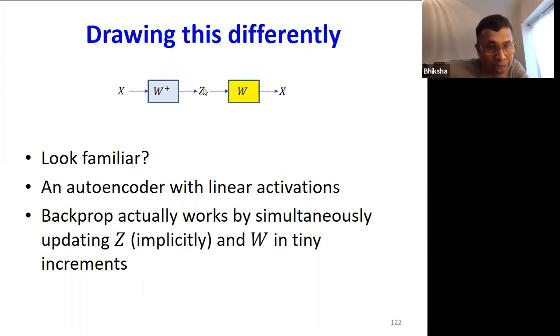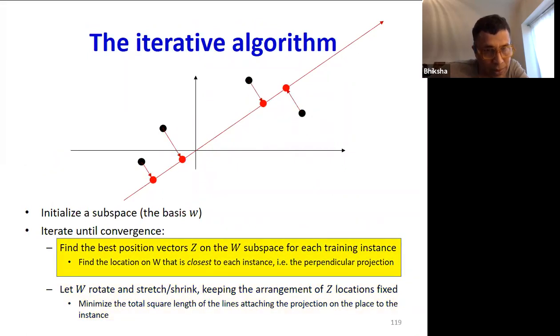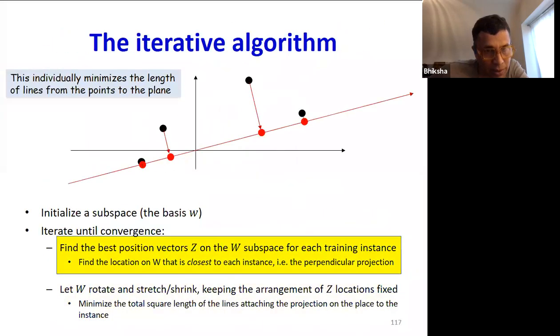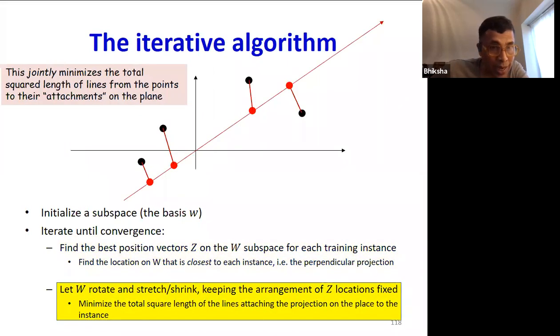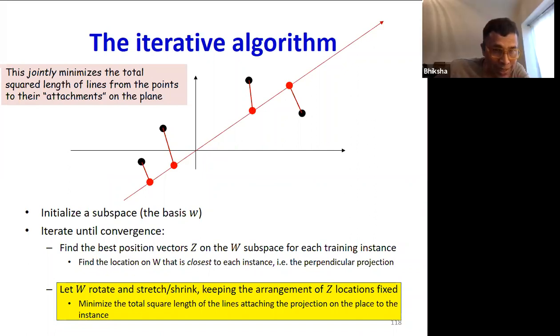But what I'm really doing in that case is reducing the total error between the projection and the position on the plane. So in this whole process, when I first estimate Z and then go back and re-estimate W, I'm trying to come up with this reconstruction X again. When this plane rotates, the total squared length of those lines is reduced, which means that the projections are now closer to x on average than they were at this point, right?